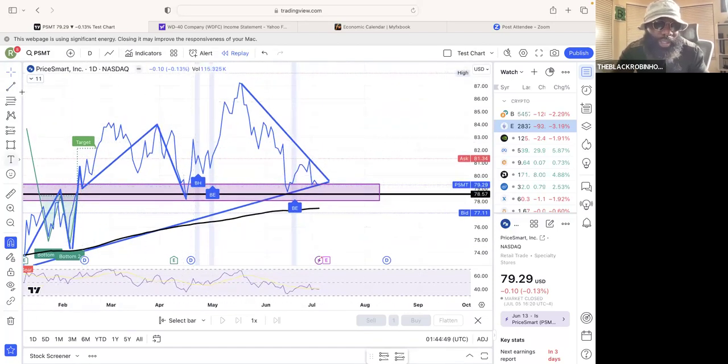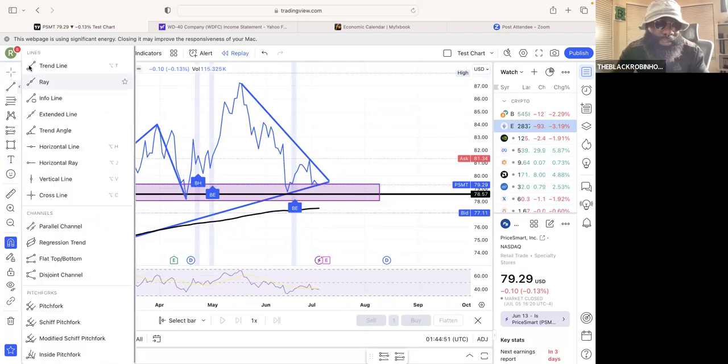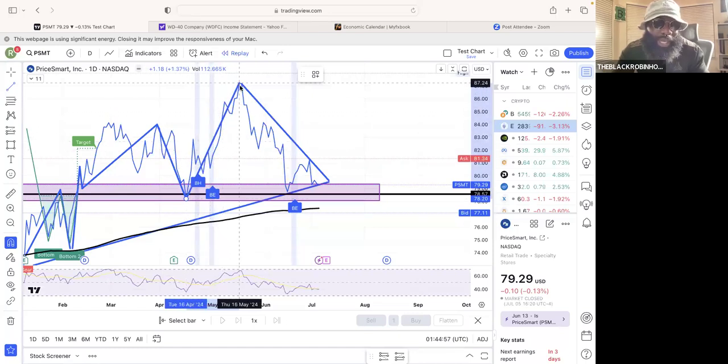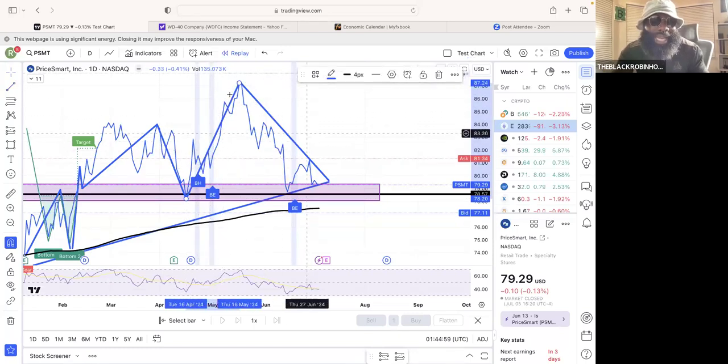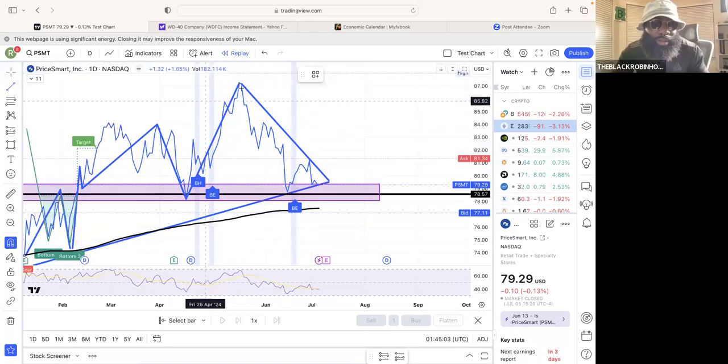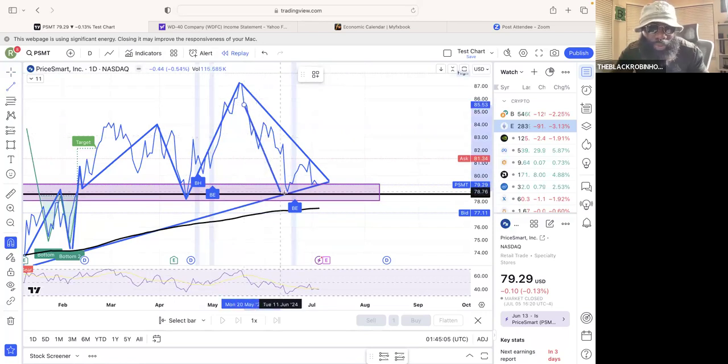Still in that zone. And that is the area where you want to buy from, because that is where most people are waiting to buy. And it went up. Now it's back down to that same zone. See that? Same zone.